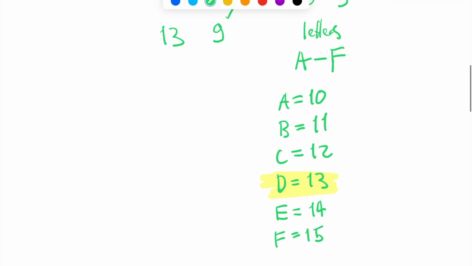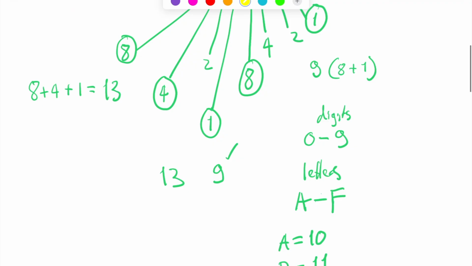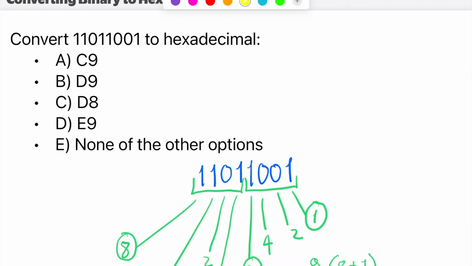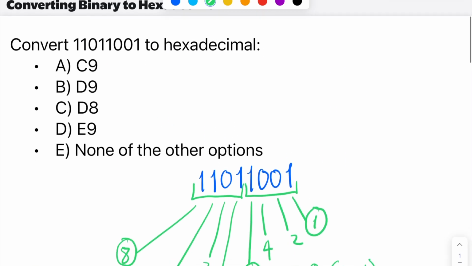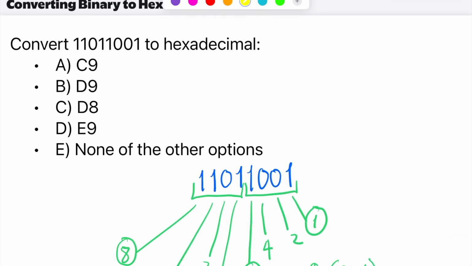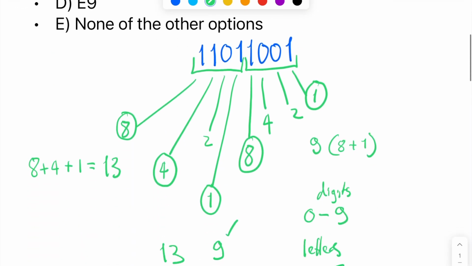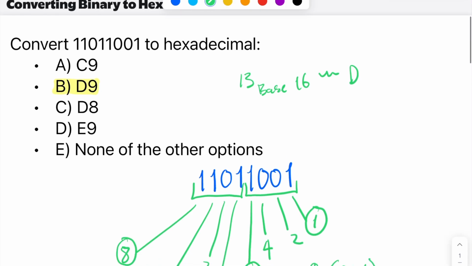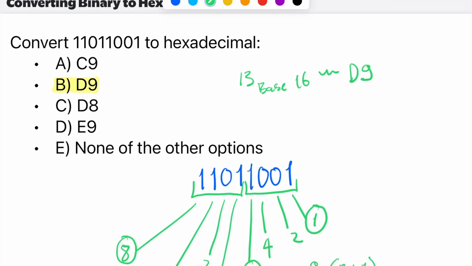With that in mind, D equals 13. So in this case, 13 in base 16 is actually D. And because our other number was 9, which is within the 0 to 9 digit range, it remains the same.